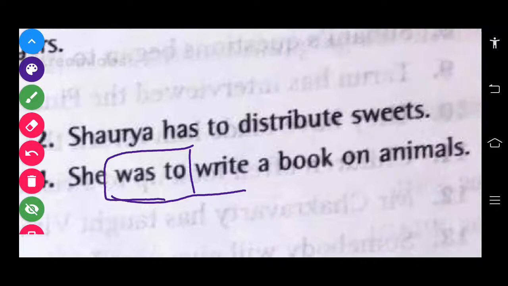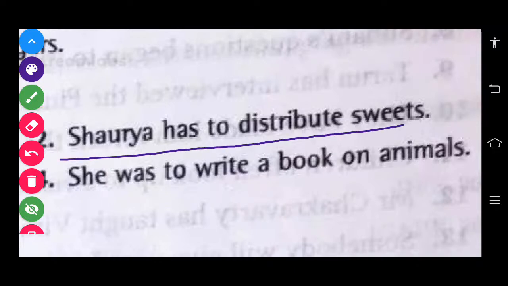Regarding auxiliary, we have an idea: auxiliary plus be plus past participle form. So a book was to be written on animals. We have to answer like this.